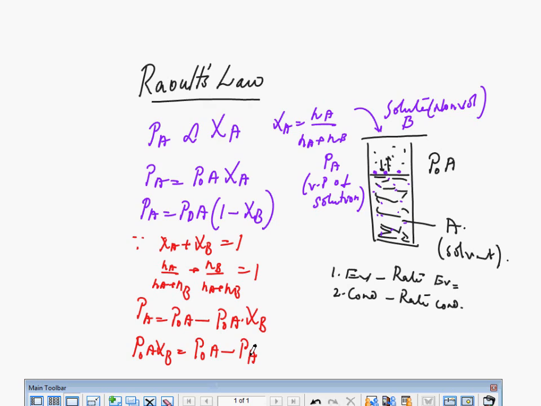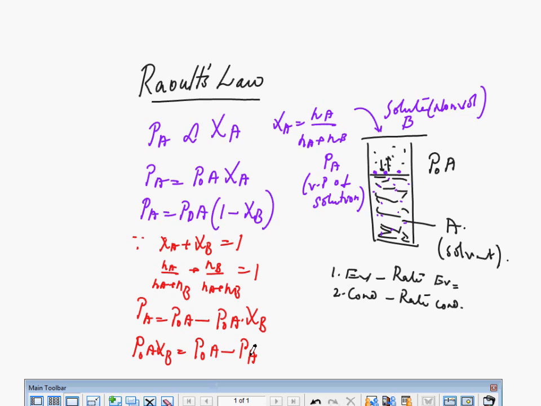PA is vapor pressure of the solution. Out of these two, which is more? Obviously, P0A is more. When you put a non-volatile solute, vapor pressure actually decreases. Therefore, vapor pressure of solution is less than that of pure solvent. So, this P0A minus PA can be understood as lowering of vapor pressure of the solution.